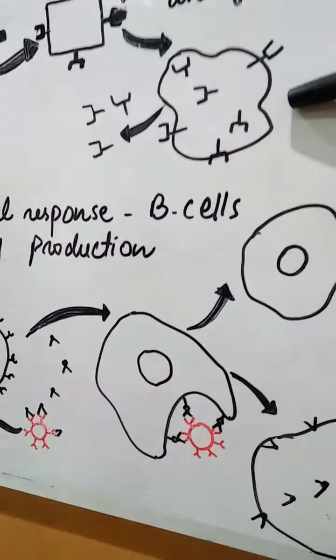So the blood of affected patients has anti-coronavirus antibodies, and this blood containing anti-coronavirus antibodies can be used to treat patients who are in a critical condition.